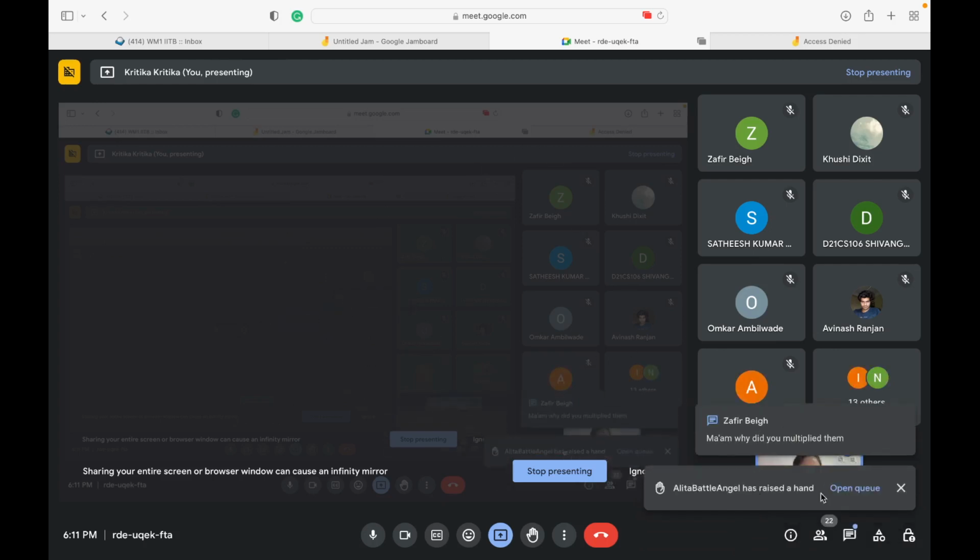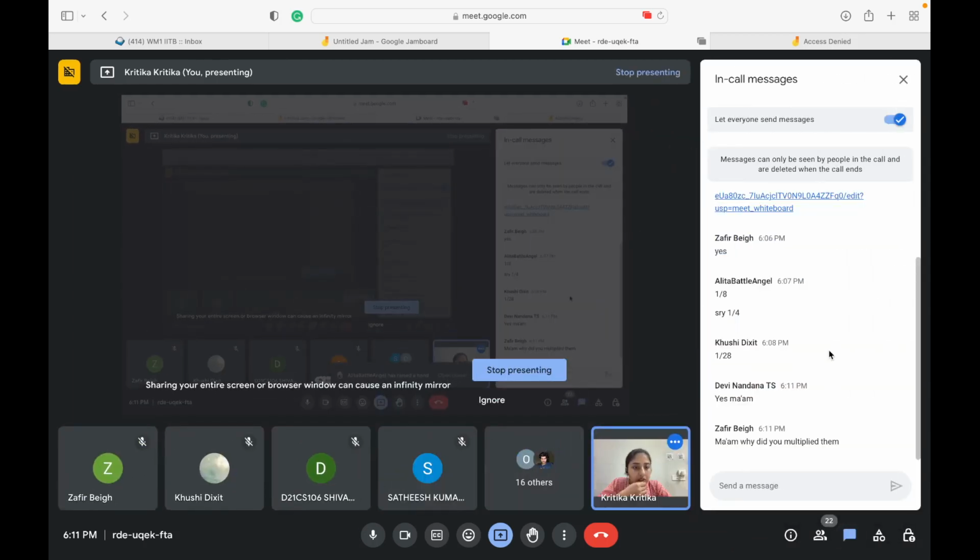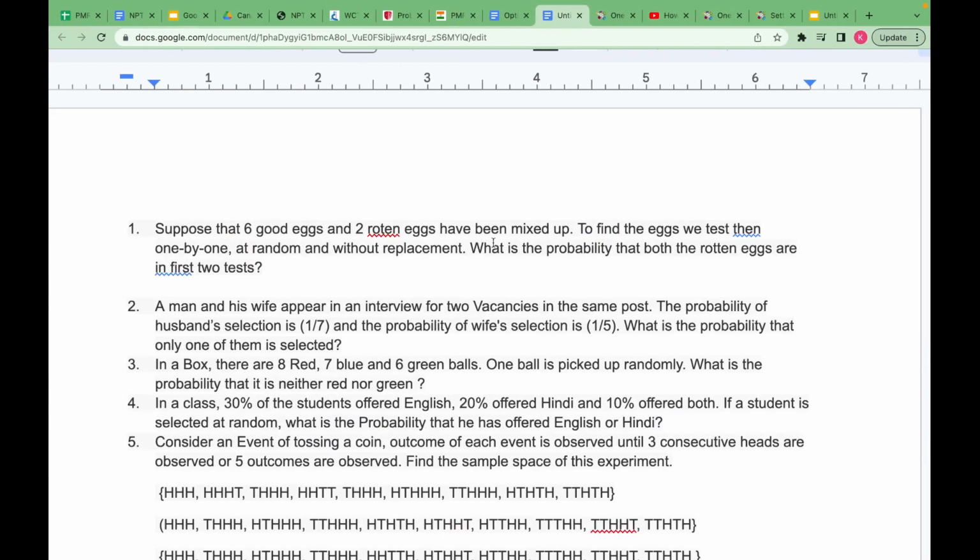Then why did you write the product? Because the question was, what is the probability that the first two eggs extracted from that group of eggs will be rotten.